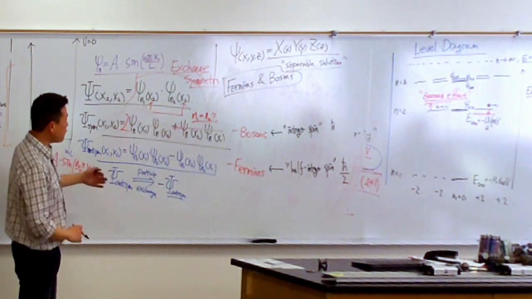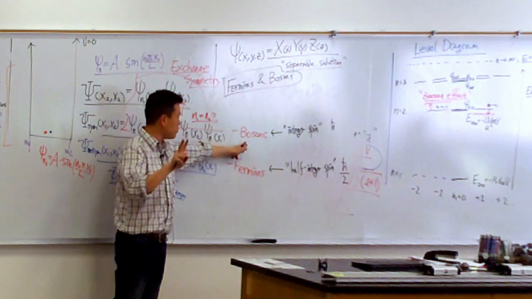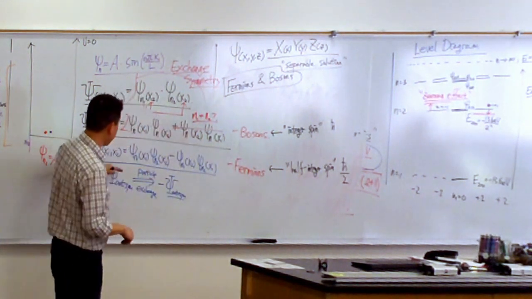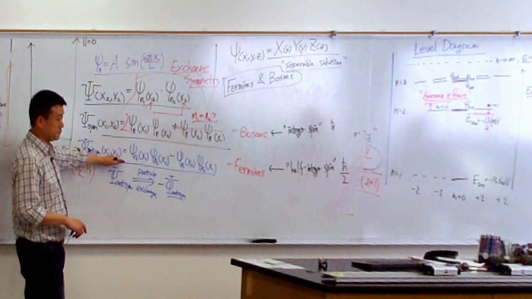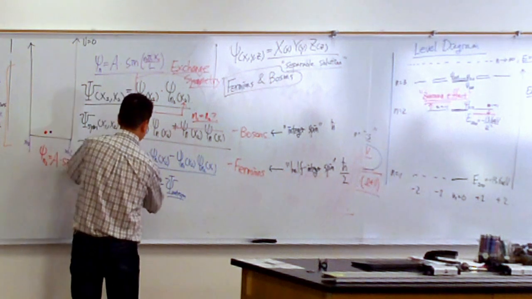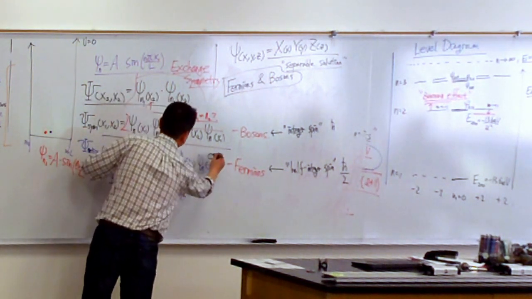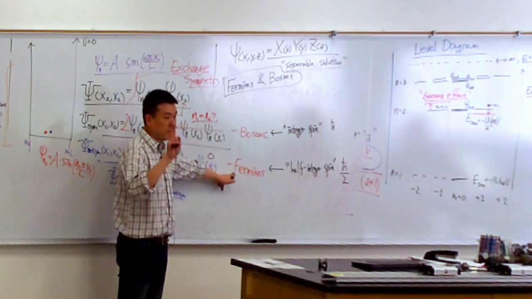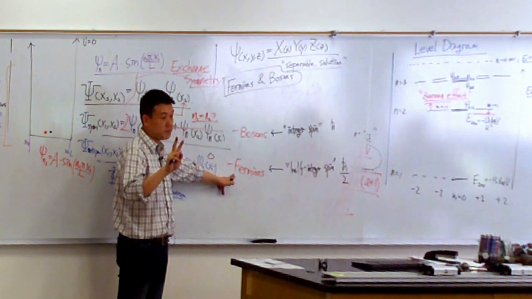So two indistinguishable bosons can share the same set of quantum numbers. Look at the antisymmetric wave function. What happens if n1 is equal to n2? They cancel each other out. So two indistinguishable fermions cannot share the same set of quantum numbers.